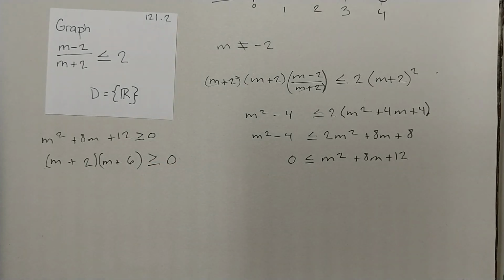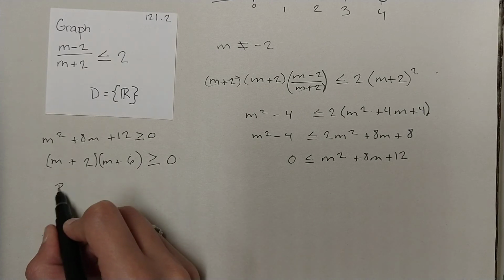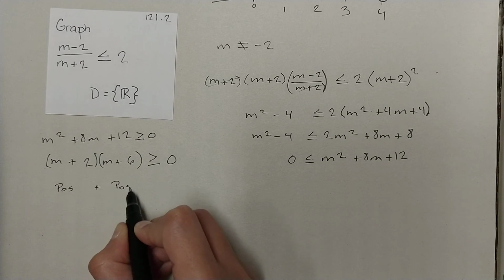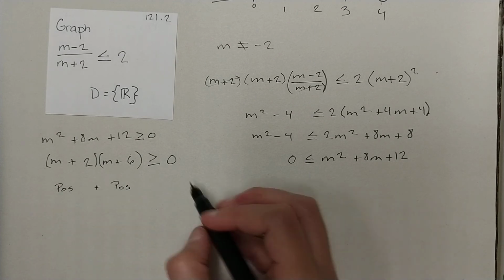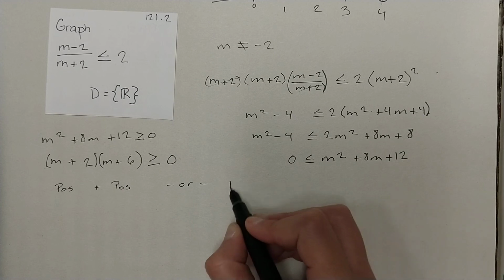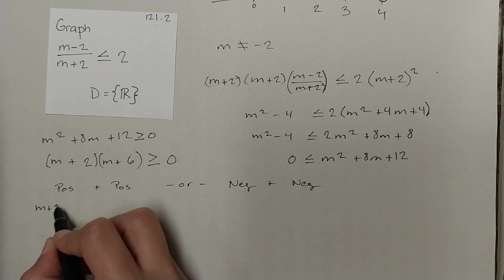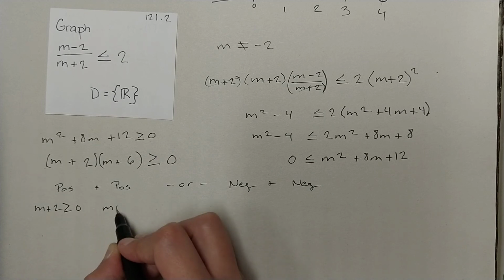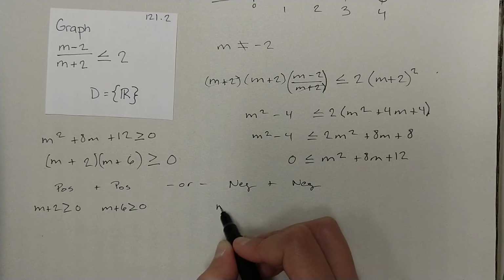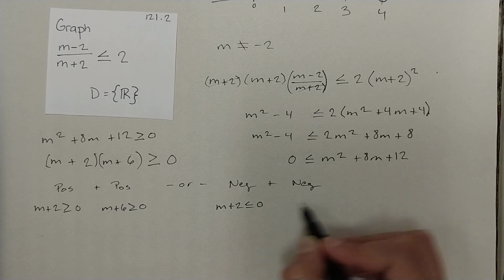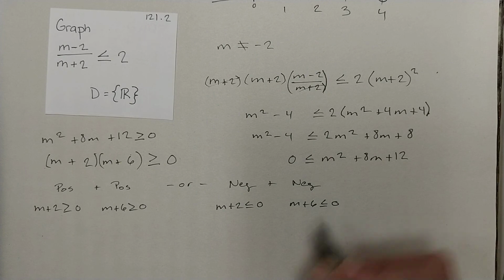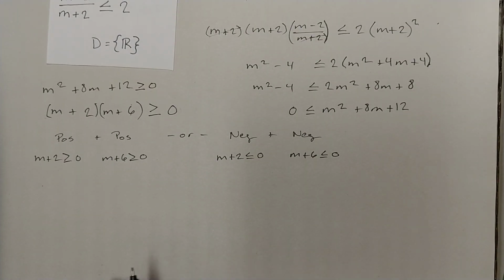Since our inequality is positive, we have to have two positive factors, or two negative factors, to make sure that our answer is going to be positive. Let's simplify those out.